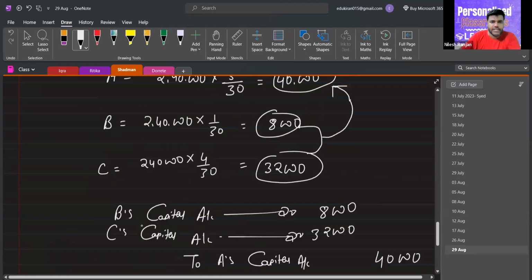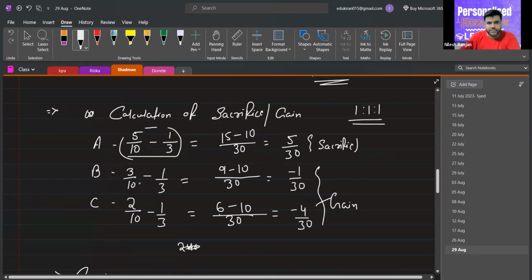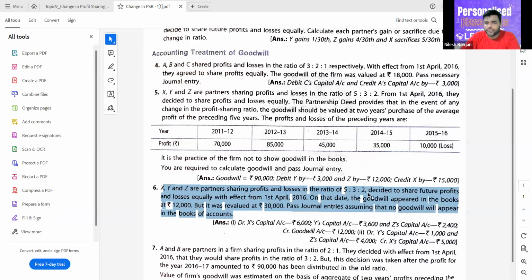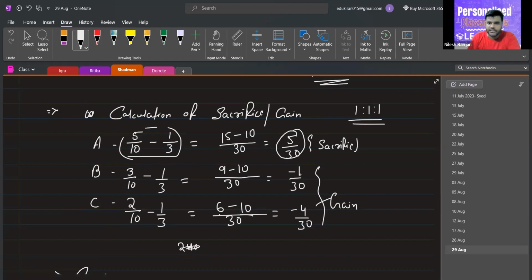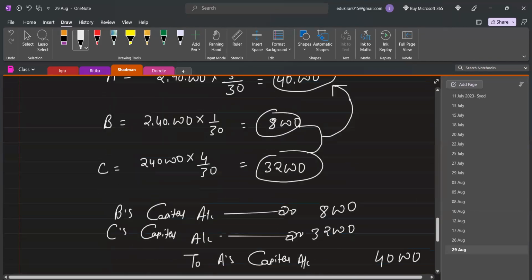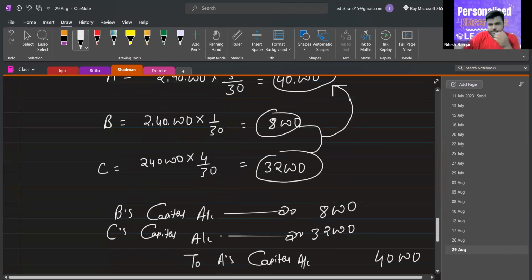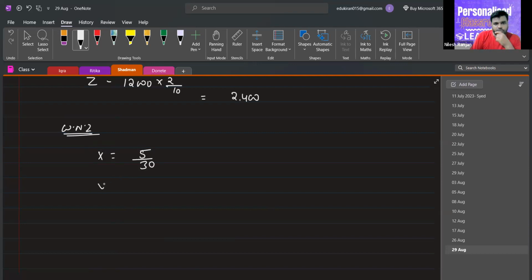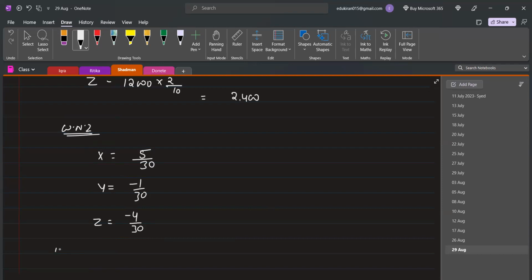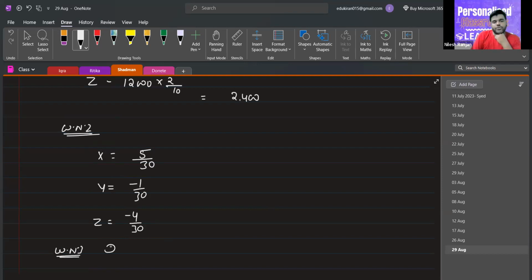If we talk about gaining sacrificing, we will get the same result as here because their old ratio is 5:3:2 and their new ratio is equal. So X will sacrifice and Y and Z will gain. So X 5/30, Y -1/30, and Z -4/30.